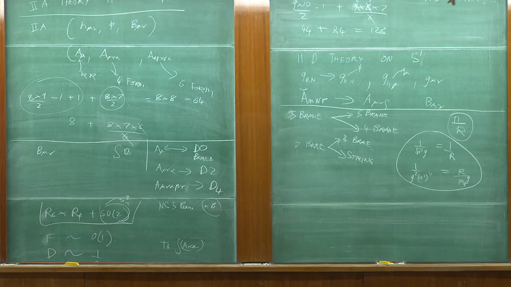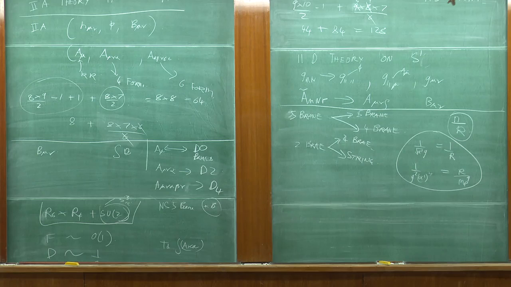The reason is as follows: a monopole is an object whose gauge fields, when you write the action with 1 over g squared, are such that field strengths are quantized in units of unity. Therefore, the mass of a monopole is always of order 1 over g squared. That matches the tension of an NS5 brane, which is 1 over g squared.